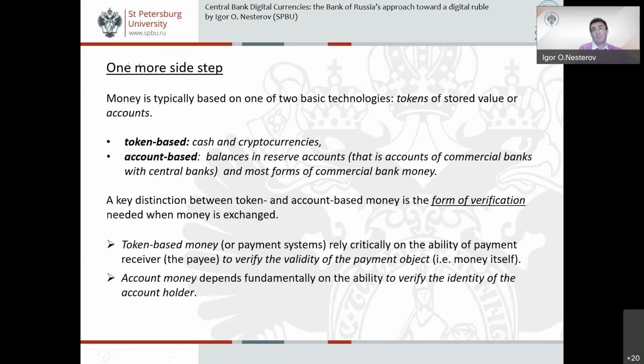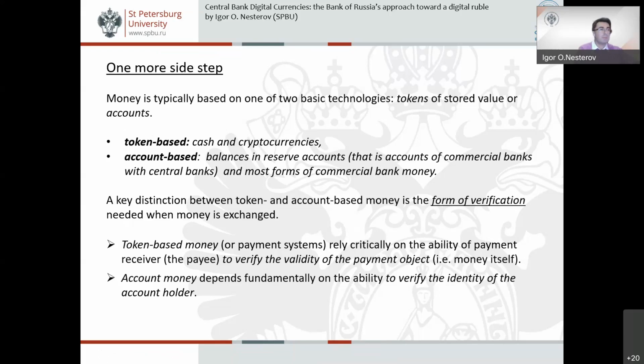that are typically used in money issue. That is token technology and account-based technology. So a key distinction between token and account-based money, some examples, yeah.